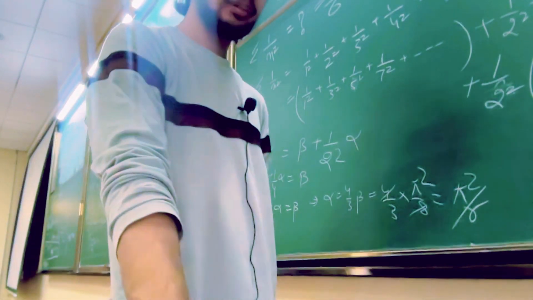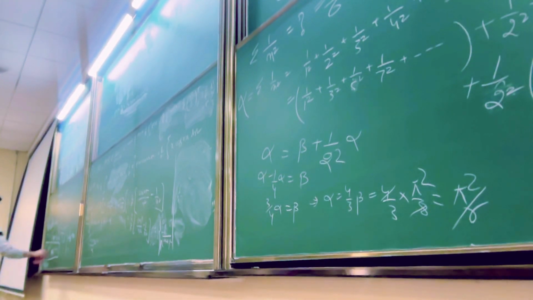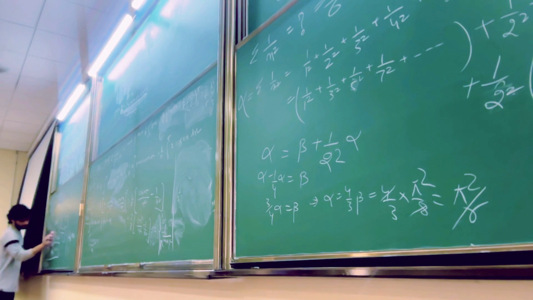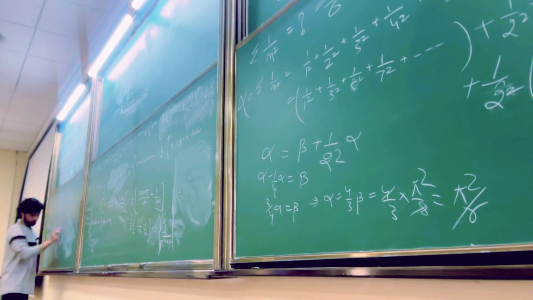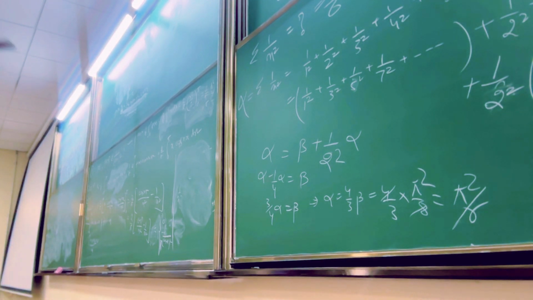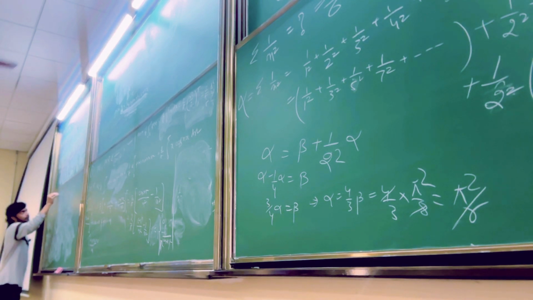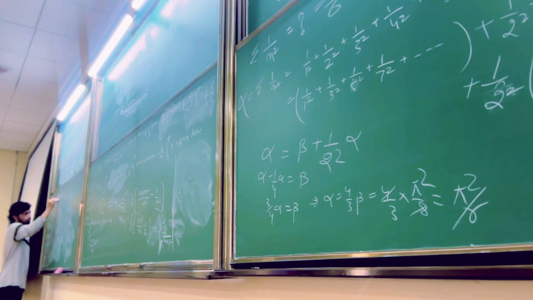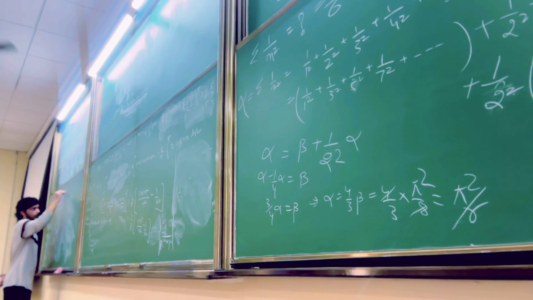Now what is sine n pi? Sine n pi is 0. So if sine n pi is 0, we can write, see, this is an important step, look very carefully. I am going to separate it into the odd elements: 2 upon 2n plus 1, minus 1 raised to power 2n plus 1, sine of 2n plus 1 pi by 2.